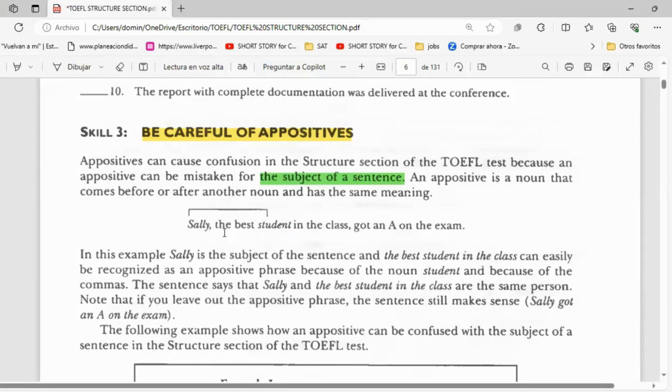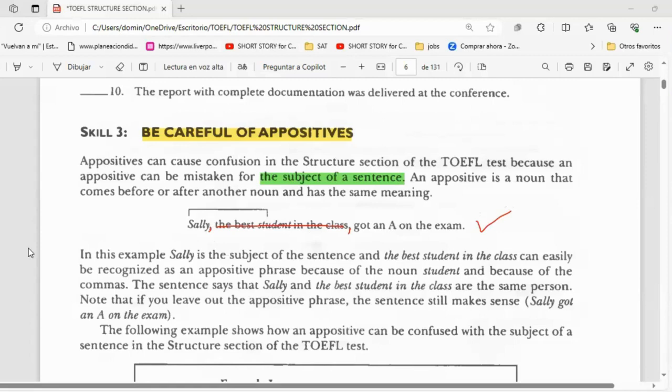The way we differentiate an appositive is that this information is usually between commas. There's a comma here and a comma here. If you delete the information between commas and read the sentence, it needs to make sense. For example, Sally got an A on the exam. This is a perfectly understood sentence.